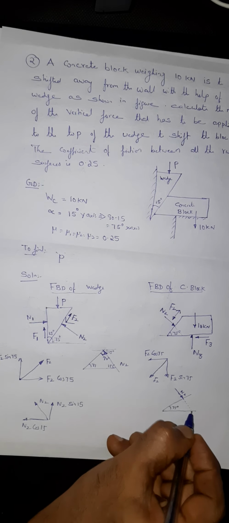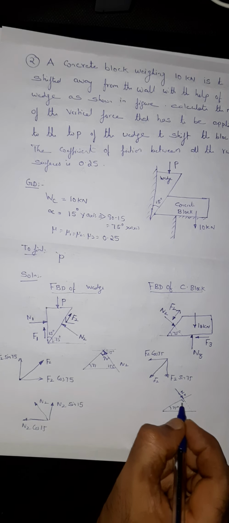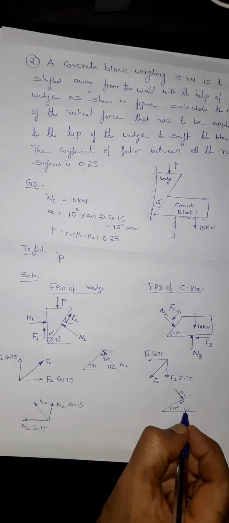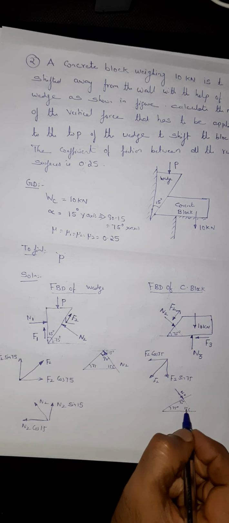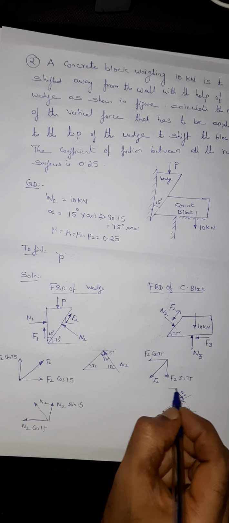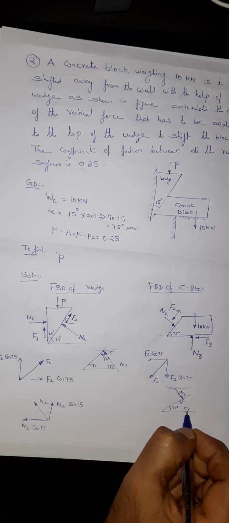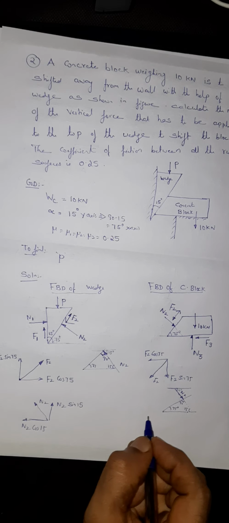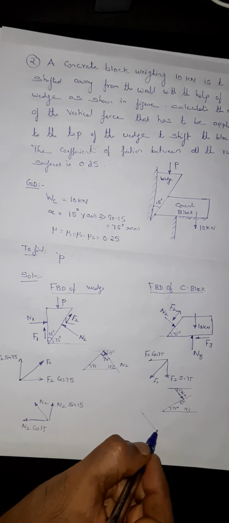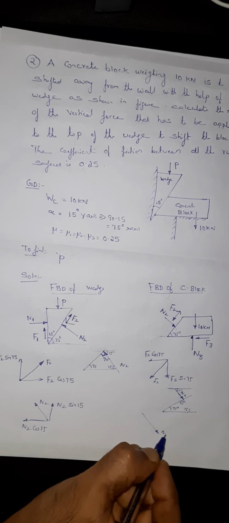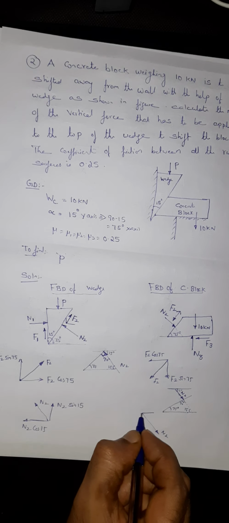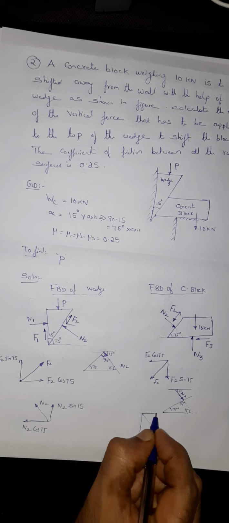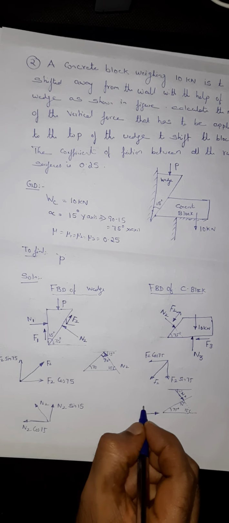So I'm just extending here. This would be 90 degree, therefore this is 15 degree. If I draw a parallel line to this horizontal, the opposite angles are equal, so this is also 15 degree. Right. So this is N2. This is the horizontal component.